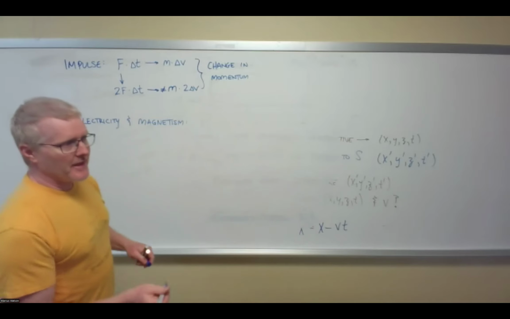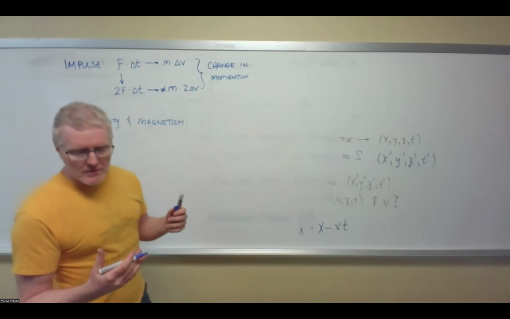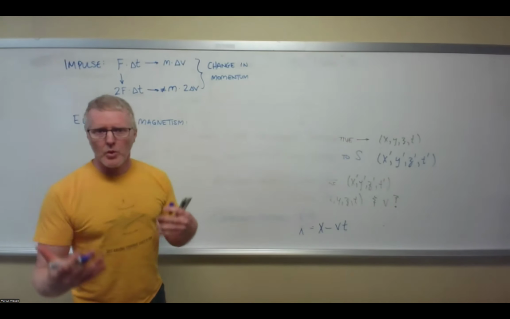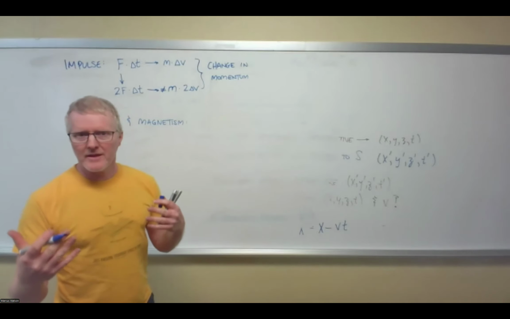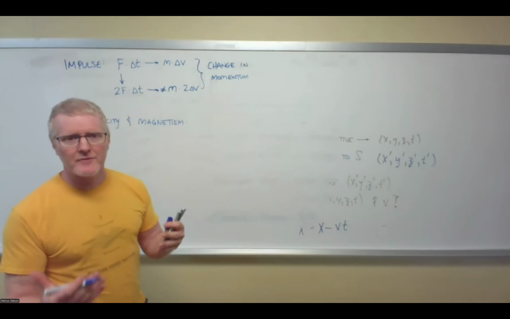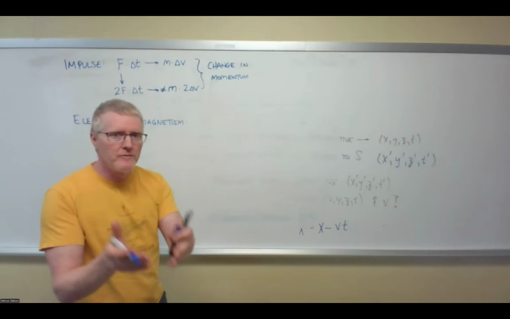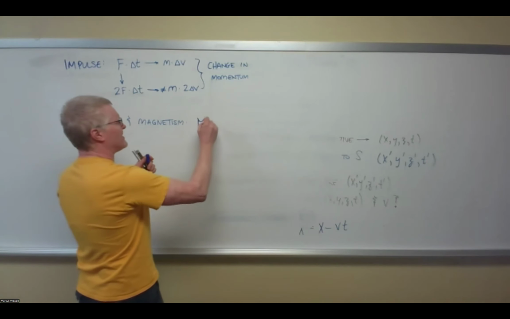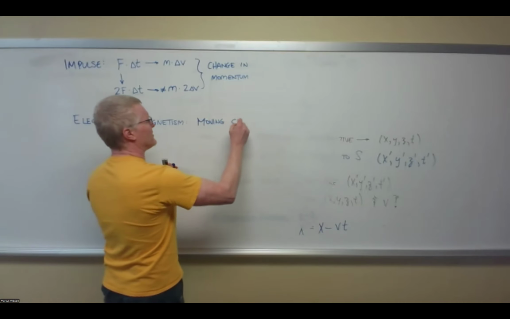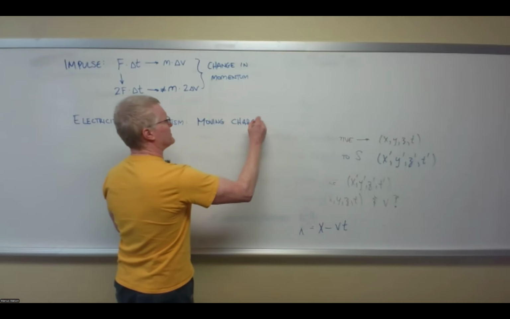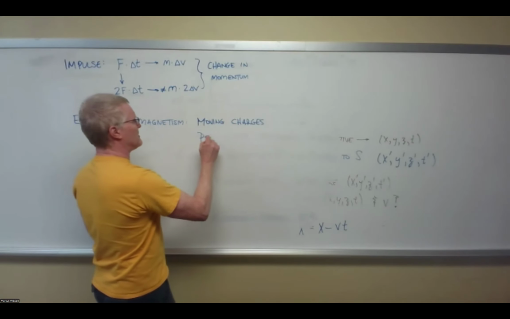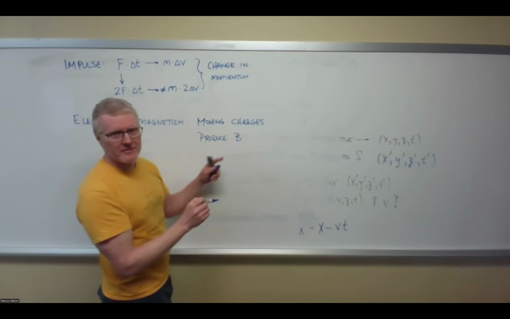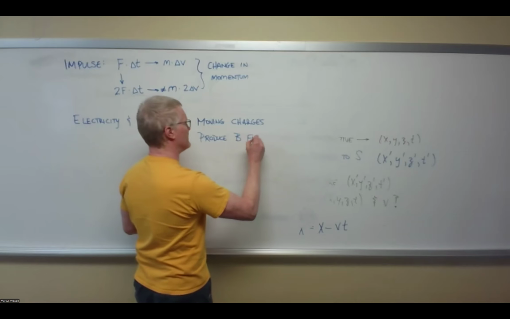Right? So the idea of how do magnetic fields work? How do they come about if you look at it from the perspective of the moving charge? Okay? So the idea that moving charges produce magnetic fields, the magnetic field happens to be the B field.